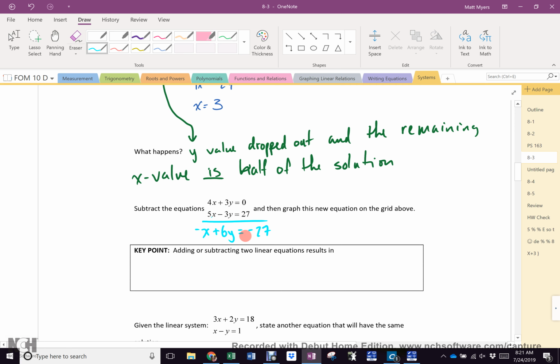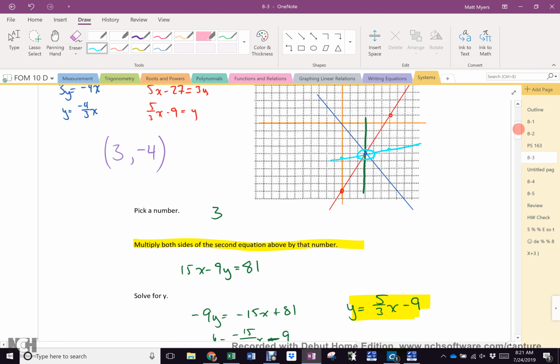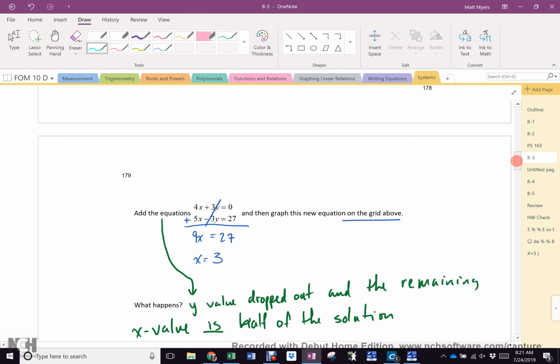Now, if I solve that, y equals 1/6 x minus 27 divided by 6 is 4.5, right? Now, if I put that on the grid, minus 1, 2, 3, 4.5, and I go up 1 and out 6, what do you see happen there? Cross through the solution again.